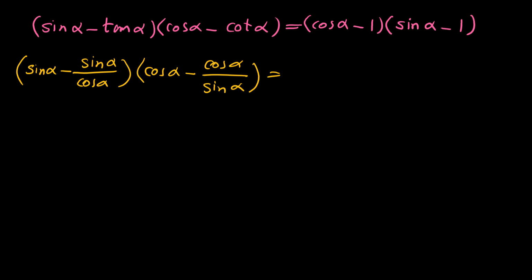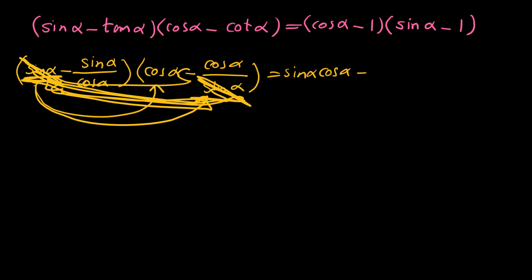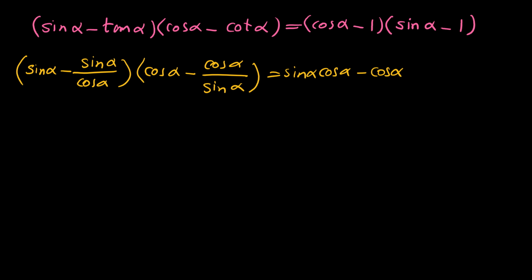If we multiply the brackets by each other, sine times cosine is sine alpha cosine alpha. Then we have minus this by this. Attention, when we multiply this by this, the sine from numerator with sine from denominator cancels and we have only negative cosine alpha. So minus cosine alpha. Then we have to multiply this by this.